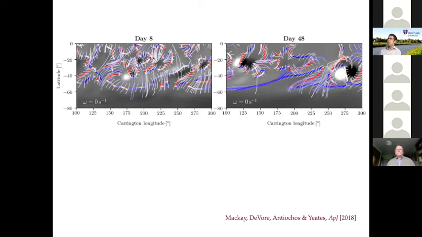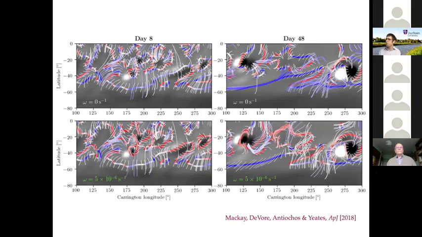When we put in a parameterization of this small-scale helicity injection, we find that it does indeed reduce that excess negative helicity. But in this case, it doesn't actually reverse it completely, even though we put in 5 times the observational strength of vorticity. So the jury's still out as to whether this effect is strong enough to really make much of a difference, although it's going to make a difference to the numbers.